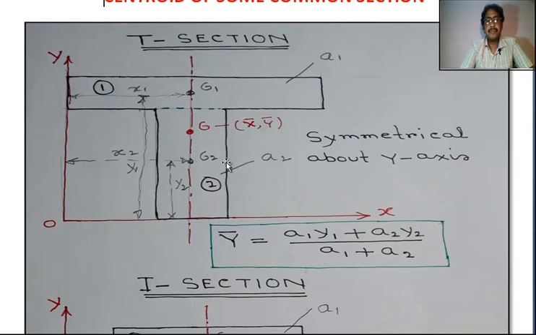This figure, if we draw a line parallel to the y-axis in the middle of the T section, this portion and this portion will be mirror images. This portion and this portion are equal.